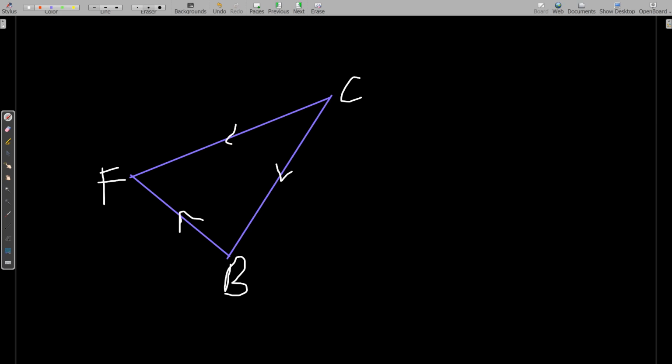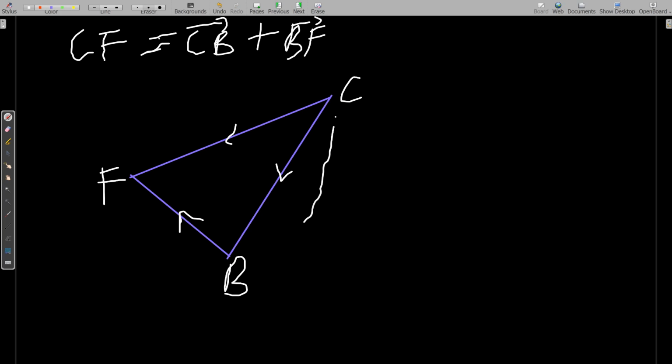So now you can see that CF is actually equal to CB plus BF. Now I use the direction: these two are coming in the same direction and this is countering that, and the sum of the vectors in the same direction should be equal to that of the opposite direction. I hope you understand now.